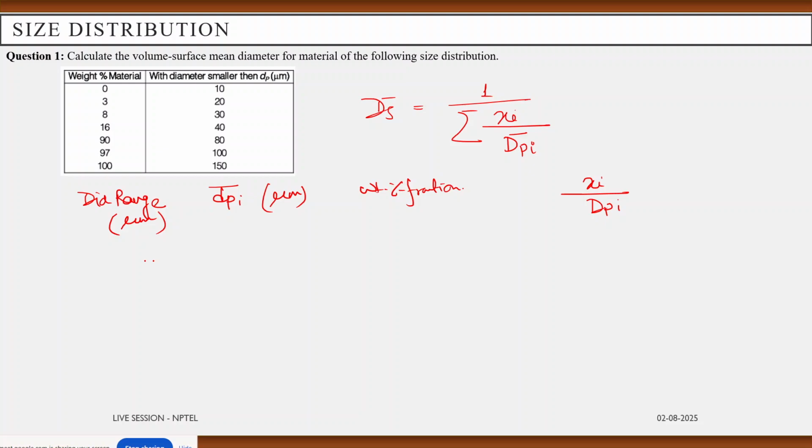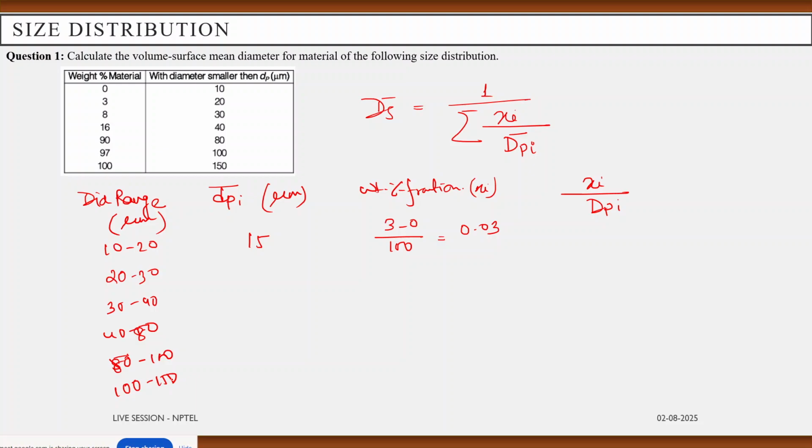So this range denotes 10 to 20. The average diameter will be 15, and the weight fraction in that interval, xi, will be 3 minus 0 by 100. In that way 20, 30, 30, 40, 40, 50, 50, 80, 80, 100, 100, 150.